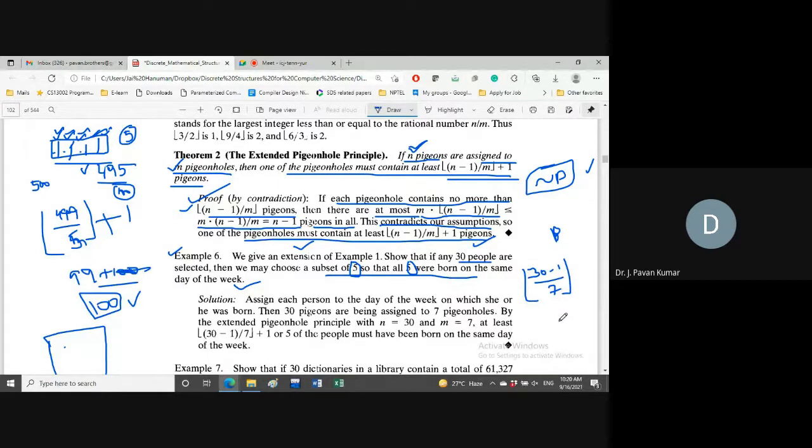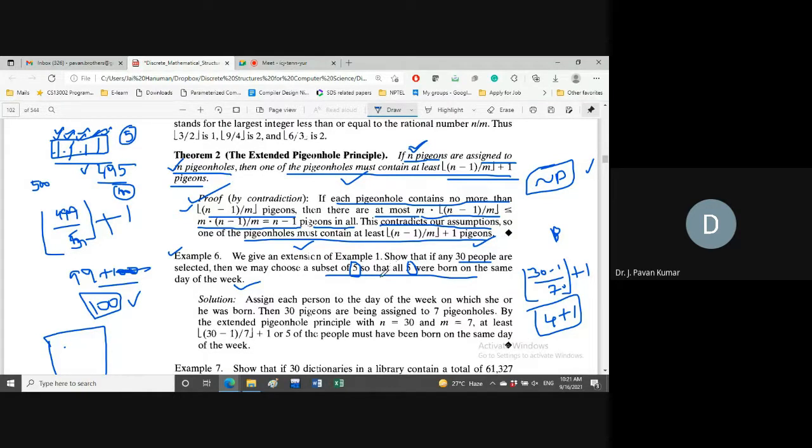What's the value? 4. Plus 1 gives 5. So at least 5 pigeons we will have in one pigeonhole. That's what we can claim. What is this 7? Because a week has 7 days, that's why I have divided by 7. Those are the 7 pigeonholes.